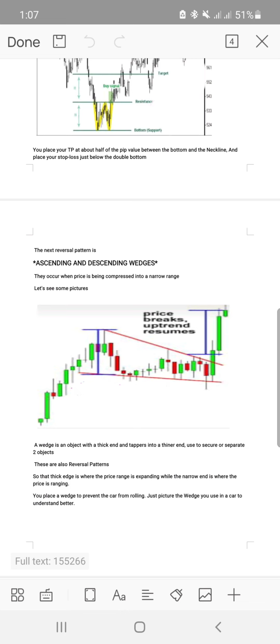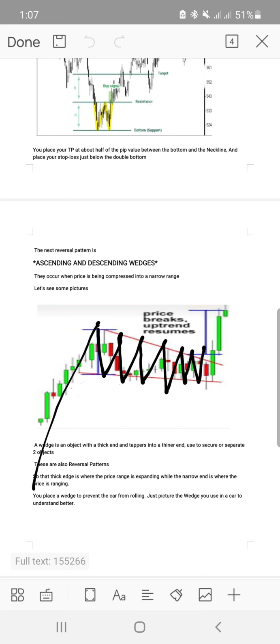Before we have a breakout, right? Price is being compressed into this narrow range. Like I said, price rallies up, then price begins to get compressed in this narrow range, right? As you can see in this diagram, like I just explained before, it breaks out.